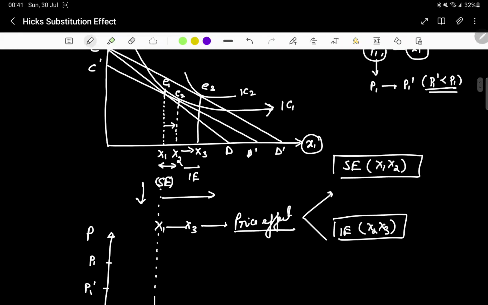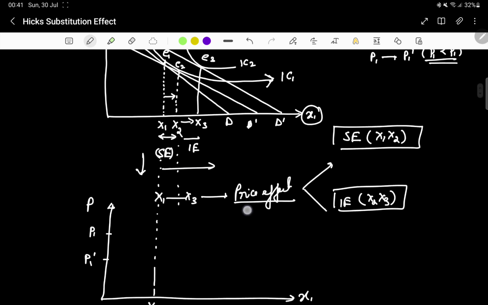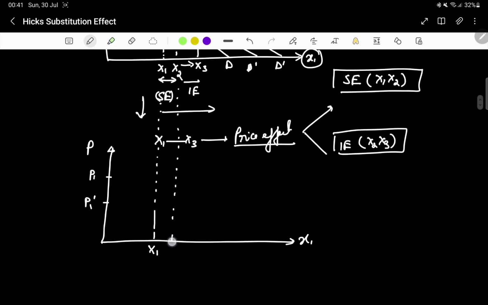And the quantity increased from x1 to x2. If we join these two points, we get the compensated demand curve. It is also called the Hicksian demand curve.